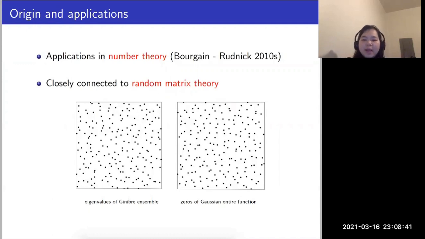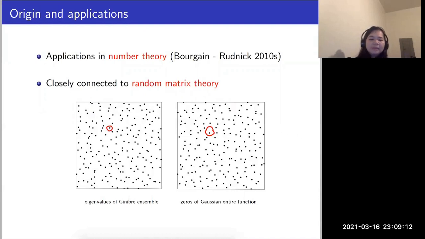However, to the bare eye, they look quite the same. And they all have a very interesting property known as the repulsion property, meaning if we see a root here, then it's very likely that in a small neighborhood of the root, there are no other roots. That's the repulsion property. And random matrices also have similar properties.